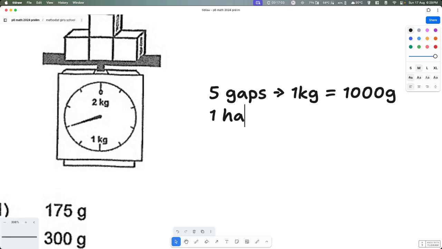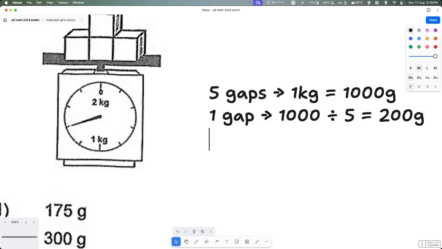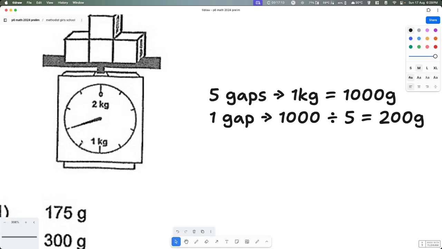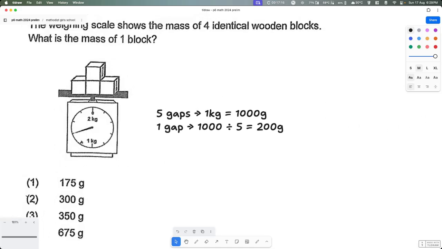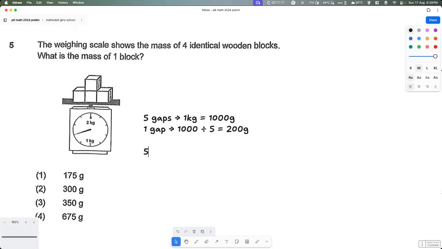Then one gap is equal to 1,000 divided by 5, which is 200 grams. So in this case, the weight of 4 blocks is equal to 1,400 grams.